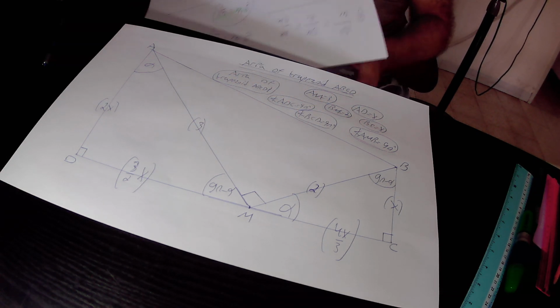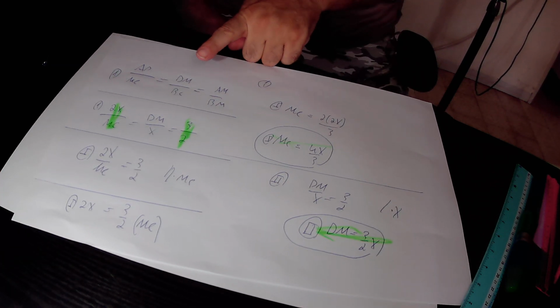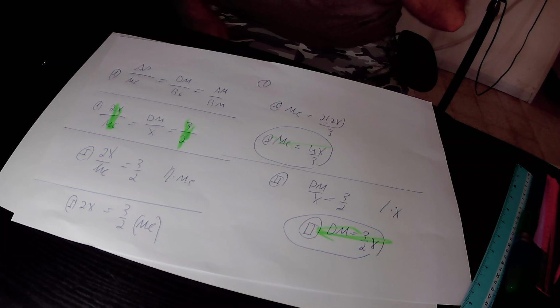And again, we derive that AD over MC equals DM over BC equals AM over BM.